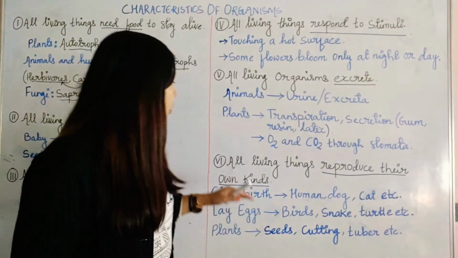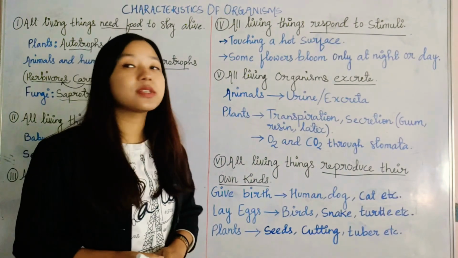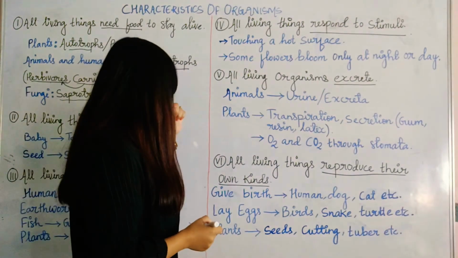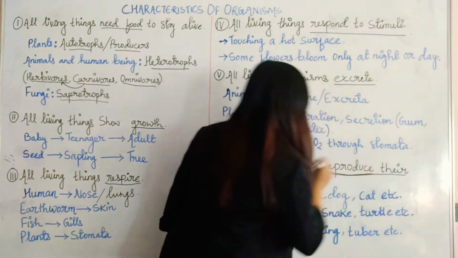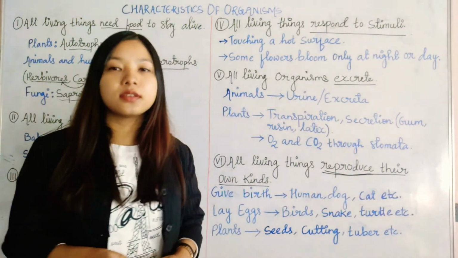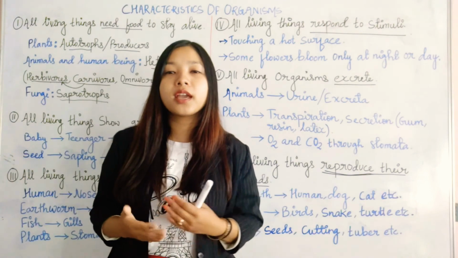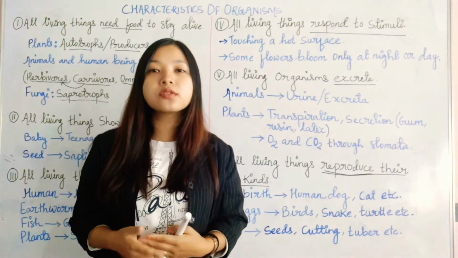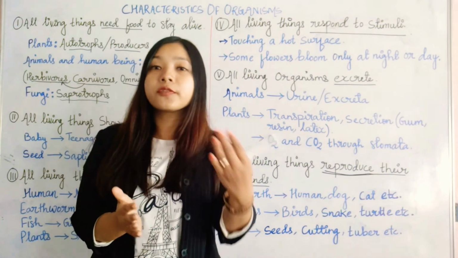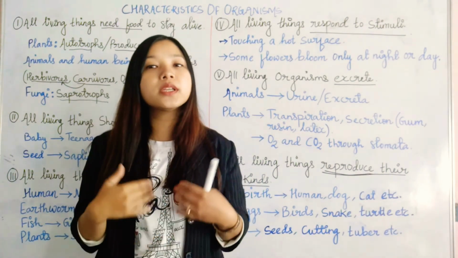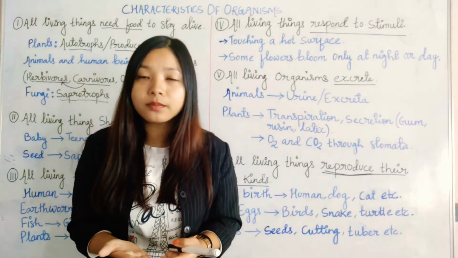Next is, all living things reproduce their own kind. So here, the process of reproduction is where an organism produces a living organism which is of its own kind. For example, humans give birth to human babies.